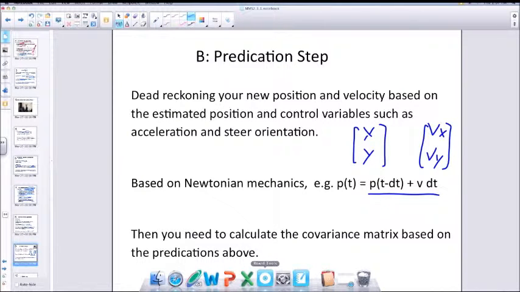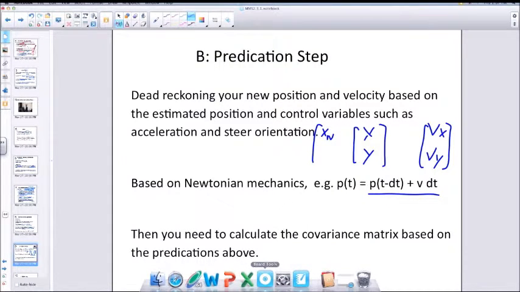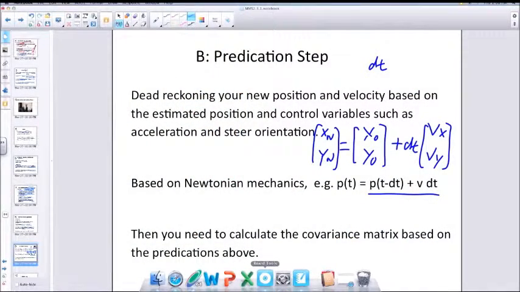Then the new position, simple idea, n means new, equals the old position plus your speed times the change of time. So how long from the current observation to the previous observation, that's the dt. That's a 2D dead reckoning.